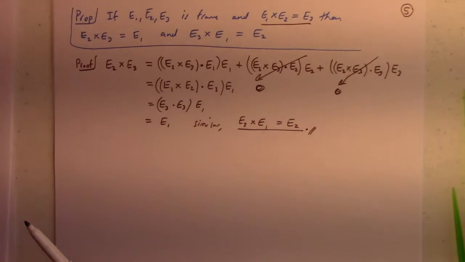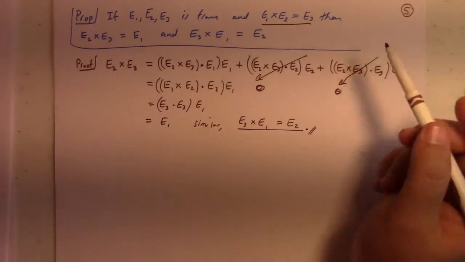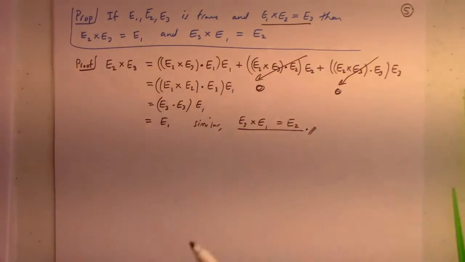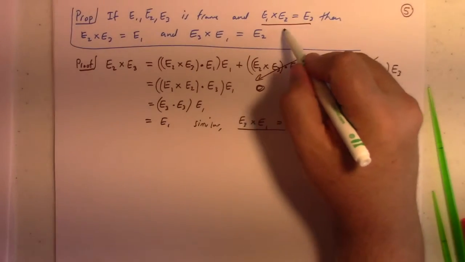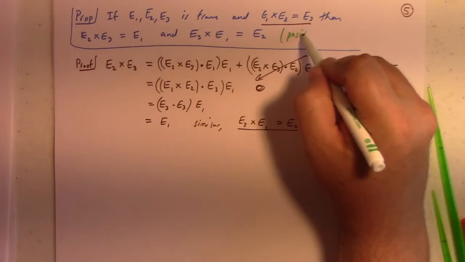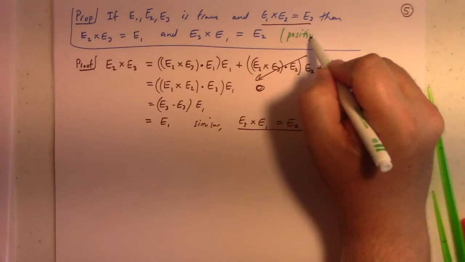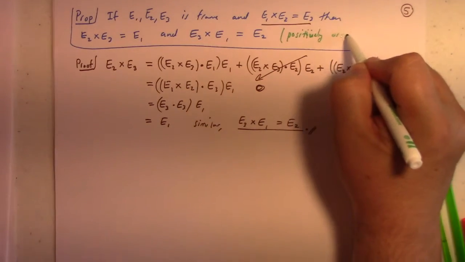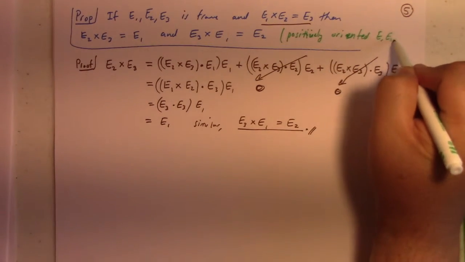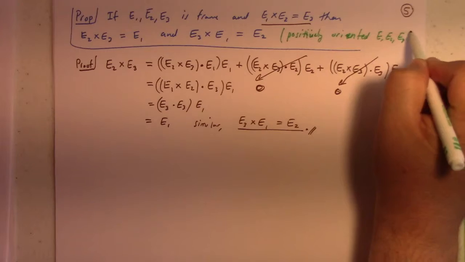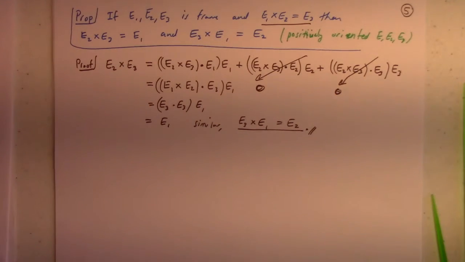That would give you what's called a left-handed frame. So a frame that has this pattern is said to be a positively oriented frame, E1, E2, E3. All right, that's a positively oriented frame.